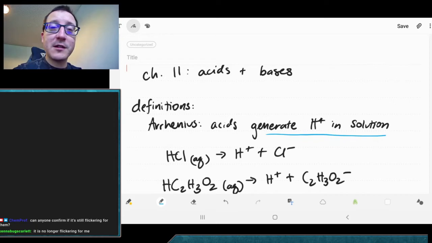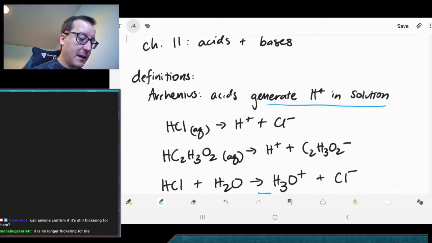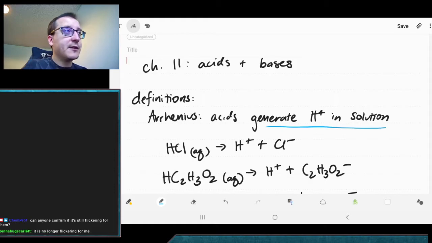Anyways, if we want to first talk about acids and bases, we're going to need to define what acids and bases are. And so old Greek guy Arrhenius defined acids as substances that generate H plus in solution. We have some examples here. Let's look at the first 2, where we have our standard aqueous acid, and it's breaking up into H plus and whatever anion it was made with.